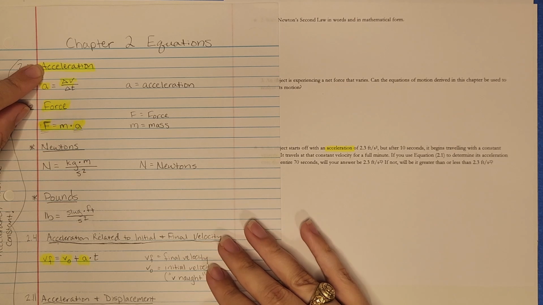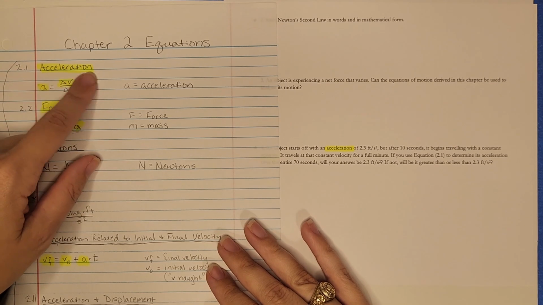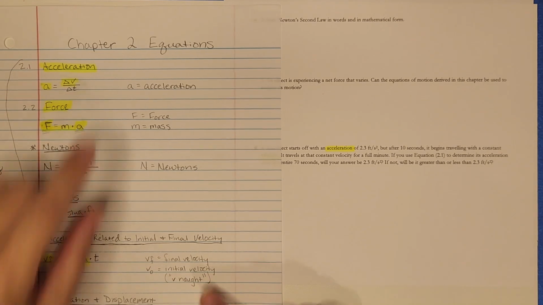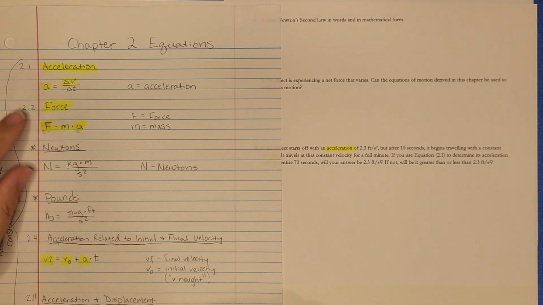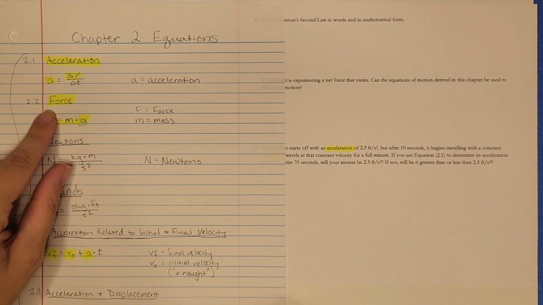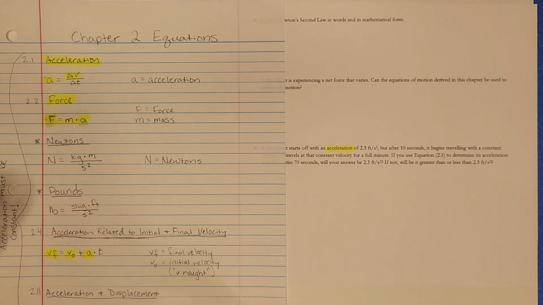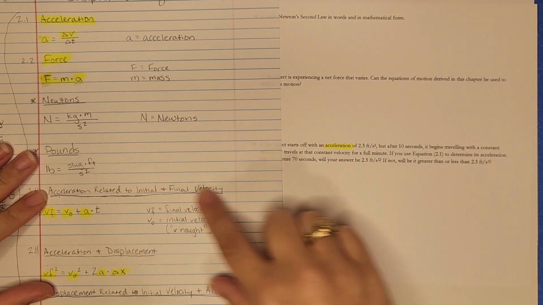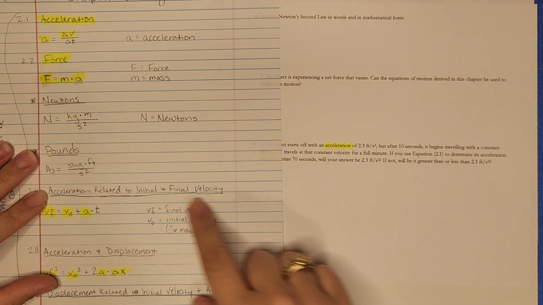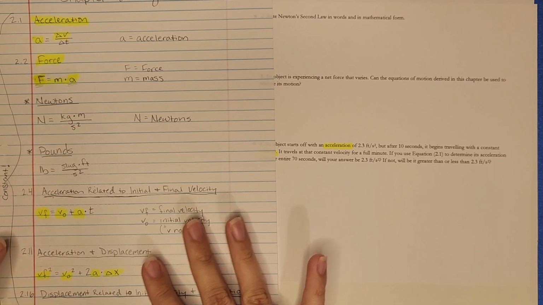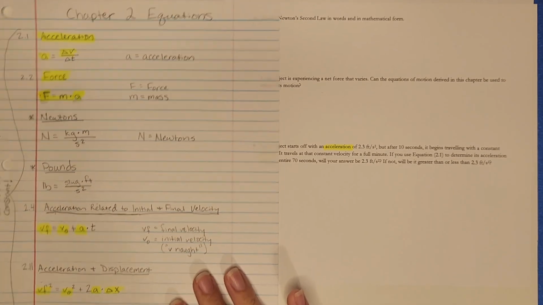And some of them are pretty simple. So acceleration, for example, well, A stands for acceleration, and that's what this equation is about. Force, F stands for force, and that's what this equation is about. So I give those titles. Those are pretty simple. But there are other ones where it's really helpful to give a title that kind of explains what the equation is about. And we'll see more of these later.